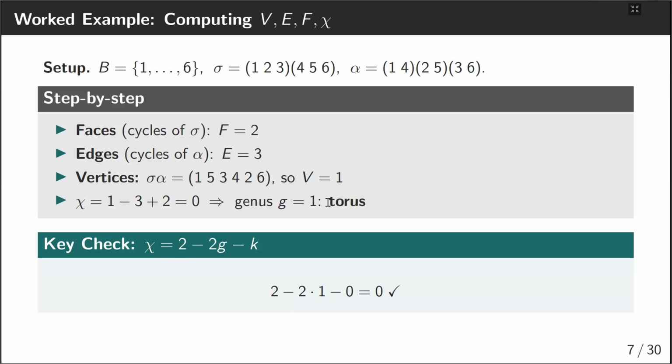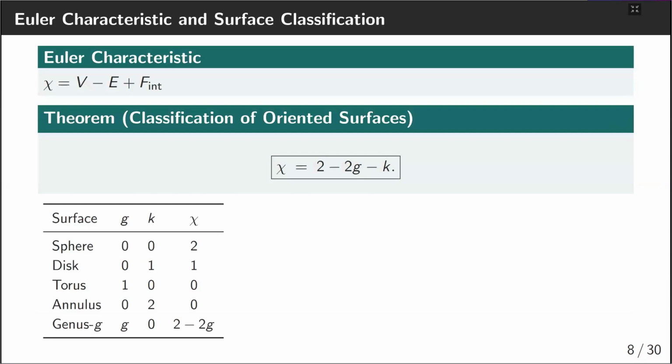So the genus is 1. It's a torus. And you can see that the vertices minus the edges plus the faces is 0 in this case. So that's the Euler characteristic.